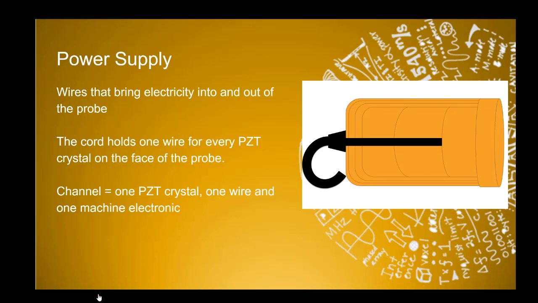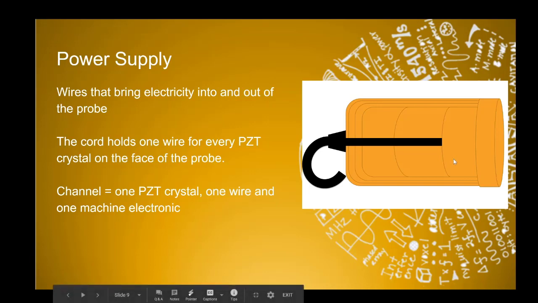Now the next part is the power supply, and I called it the wire earlier, and that's because it's bringing electricity into the transducer, and then it's going to bring the electrical impulses that come back out of the transducer and back to the machine. Now this example of our transducer is correct because we have our wire coming in.